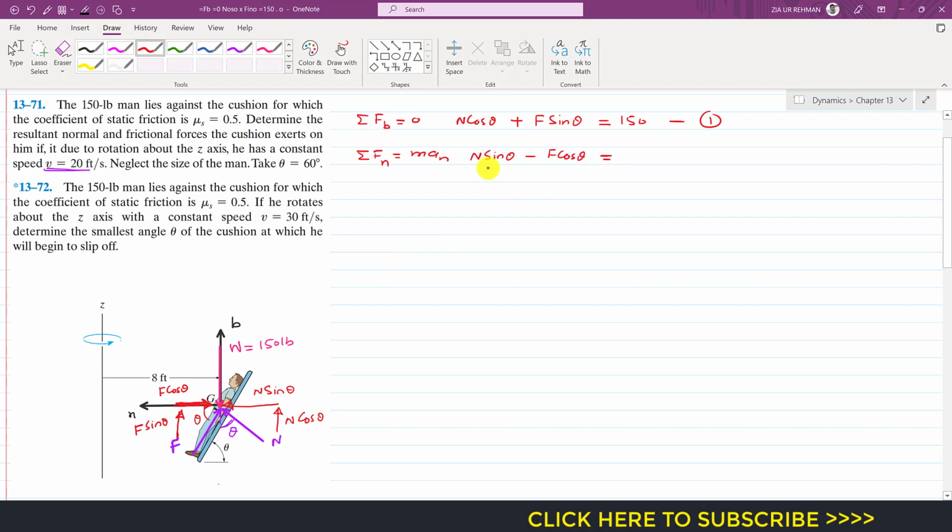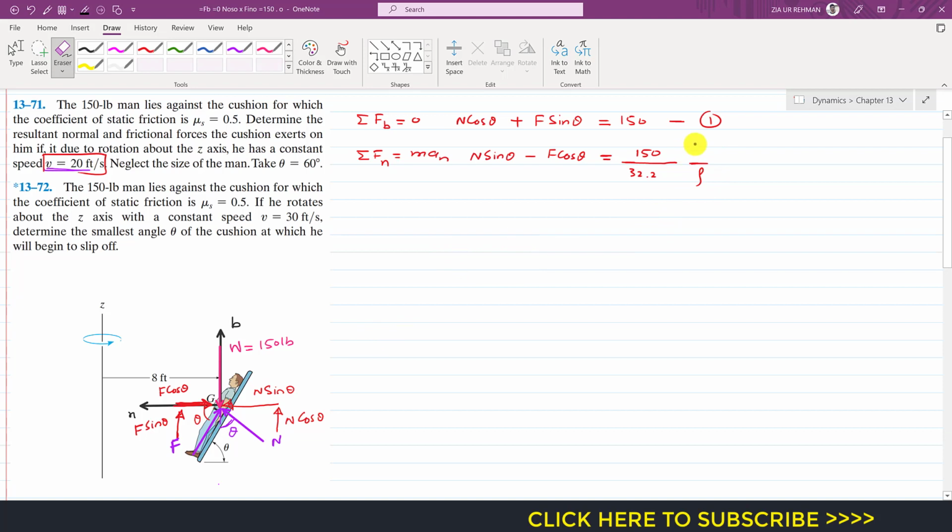This will be equal to mass, so the weight is 150, so 150 divided by g, where the g value in these units is 32.2 feet per second square, into an. So an is v square divided by rho, that is the radius of the curvature. Again we are given the velocity, which is 20 feet per second, so I can put v equals 20, so this will be 20 square.